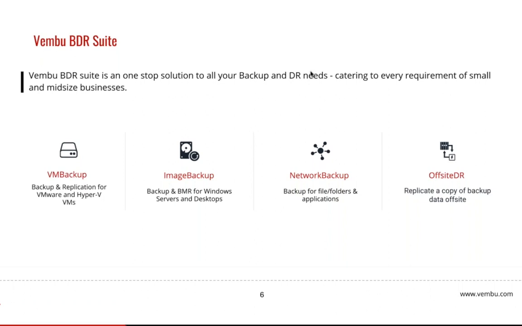You can back up the data to your local data center, like local storage targets, or to an offsite data center, or you can keep a copy at your data center and replicate an additional copy to your offsite location, or replicate an additional copy to Vembu Cloud. There are multiple deployment options available with Vembu, so you can choose how you want to set up backup and disaster recovery in your environment, based on your needs.